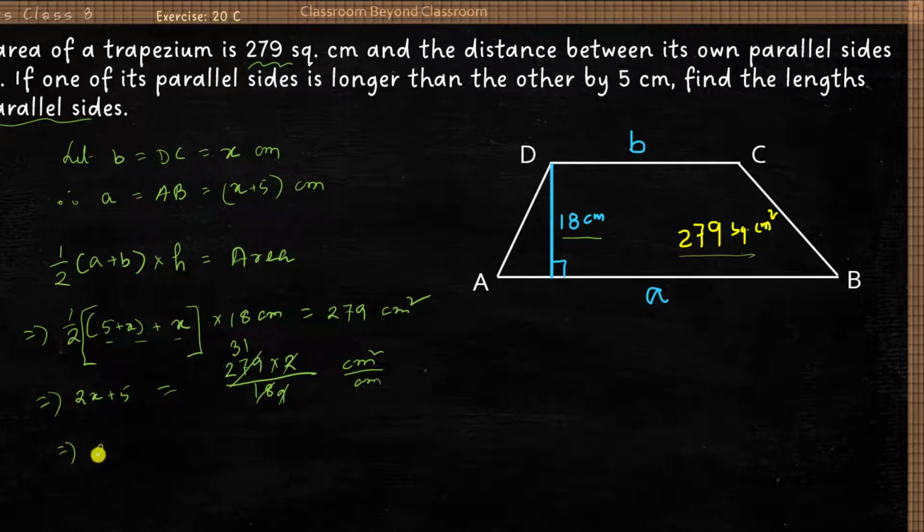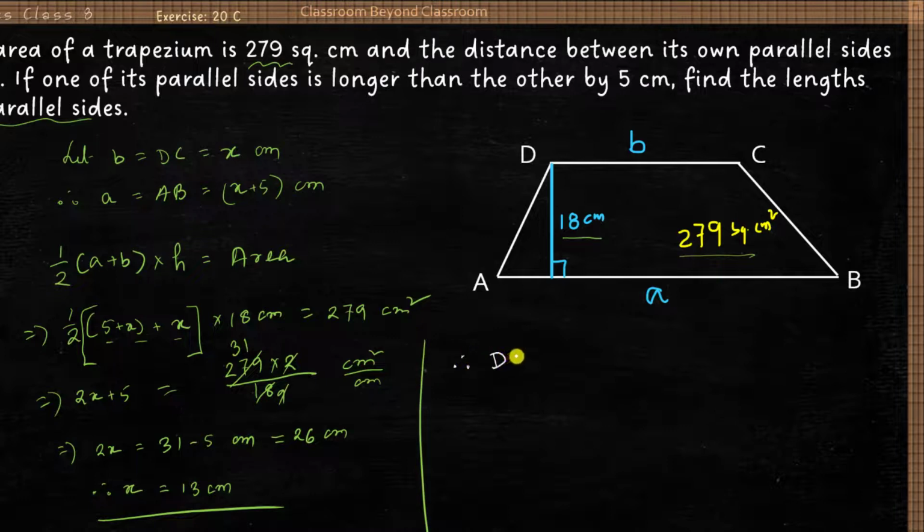So therefore twice x is equal to 31 minus 5 centimeter, and therefore this is equal to 26 centimeter. So x is equal to 13 centimeter.